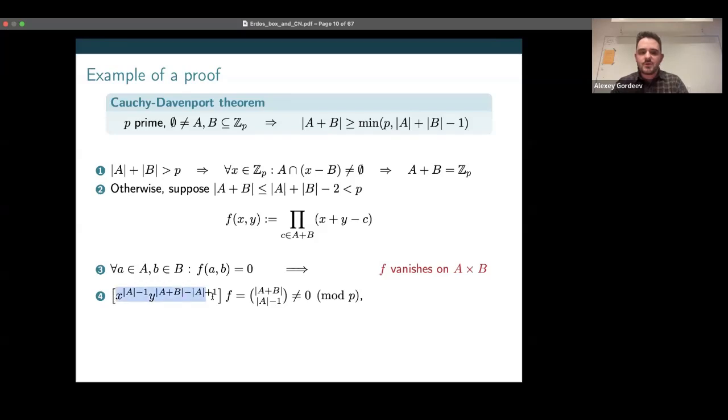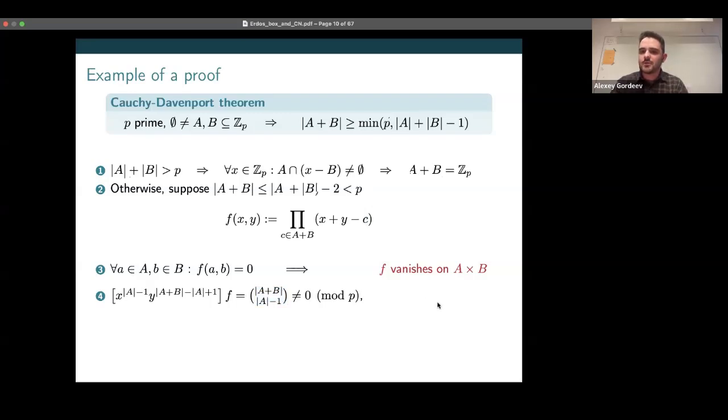So what is the coefficient of this monomial in F? To get this monomial, we should take either X or Y from every linear factor, right? If we take a constant, then we would not get the maximum degree. And that just means that this coefficient is just a binomial coefficient of the size of the sumset, choose size of A minus 1. Since by our assumption, the size of the sumset is less than P, this coefficient is non-zero modulo P.